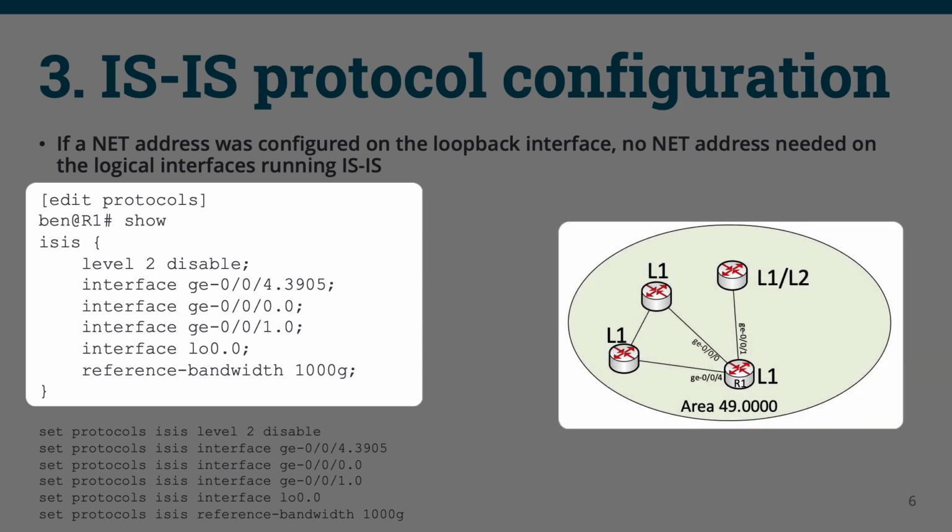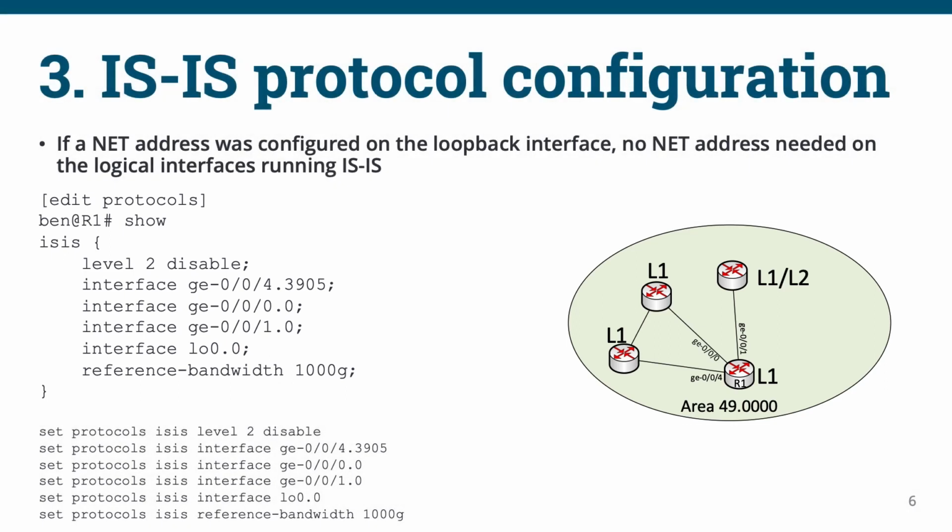As we see in the diagram, R1 is only a Level 1 router, and therefore should not attempt to form any Level 2 adjacencies. Each logical interface which should participate in ISIS and originate Hello PDUs is listed, and we have configured a manual reference bandwidth which will be used for the cost calculations. And that's it. This is all of the configuration that's needed to get ISIS working on a Junos device.